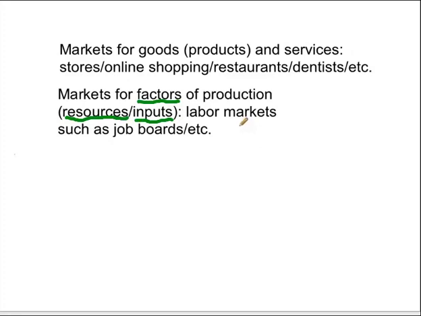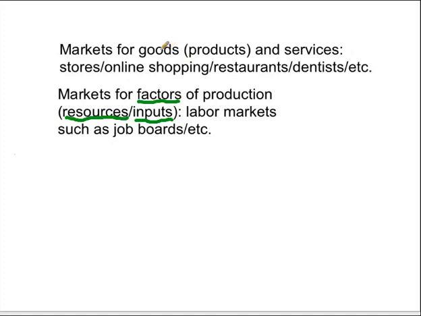Okay? And so remember, the factors of production are land, natural resources, human labor, capital, and entrepreneurship. And we'll see that in the next slide. So two markets. We'll have a place where goods and services are sold, and we'll have a place where inputs are bought and sold.